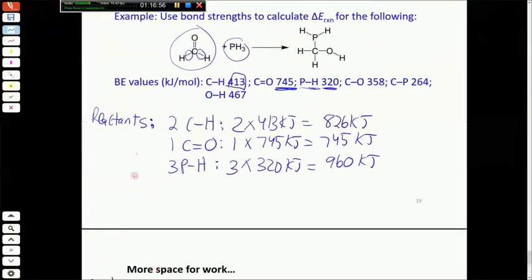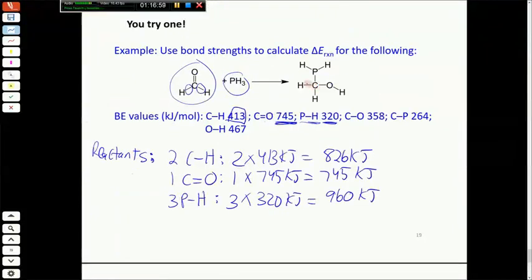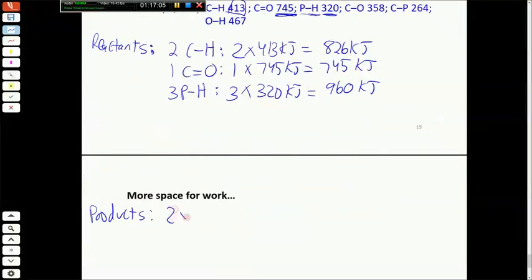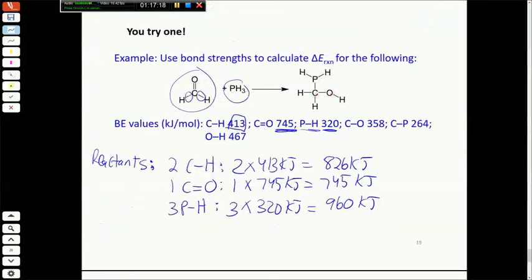On the product side, we only have one product. This also has 2 C-H bonds, one there, one there. So same number we used before, 2 times 413. Our product side now has a carbon-oxygen single bond.